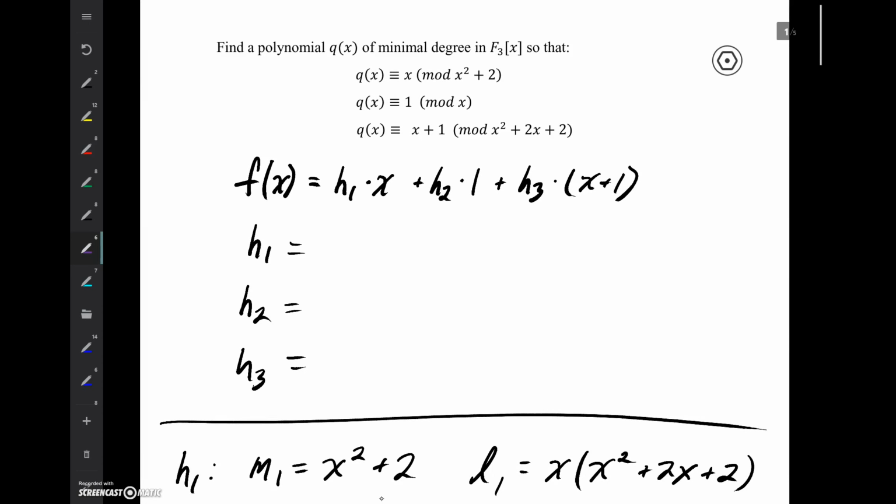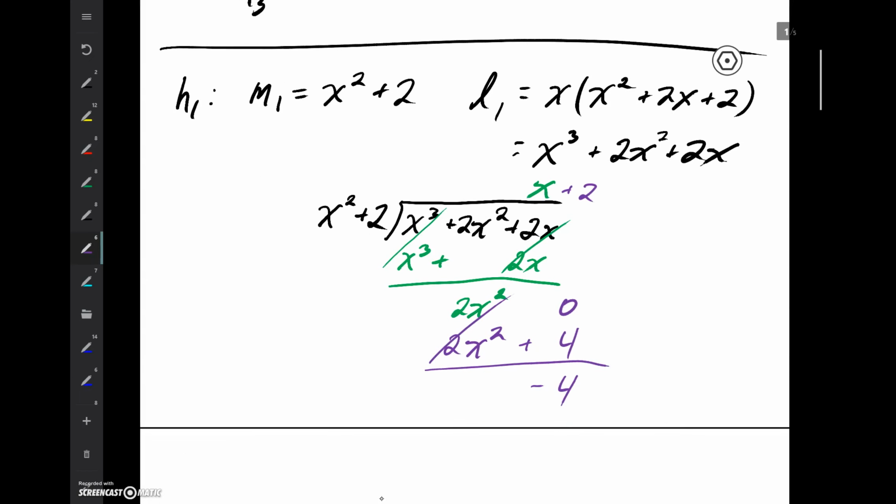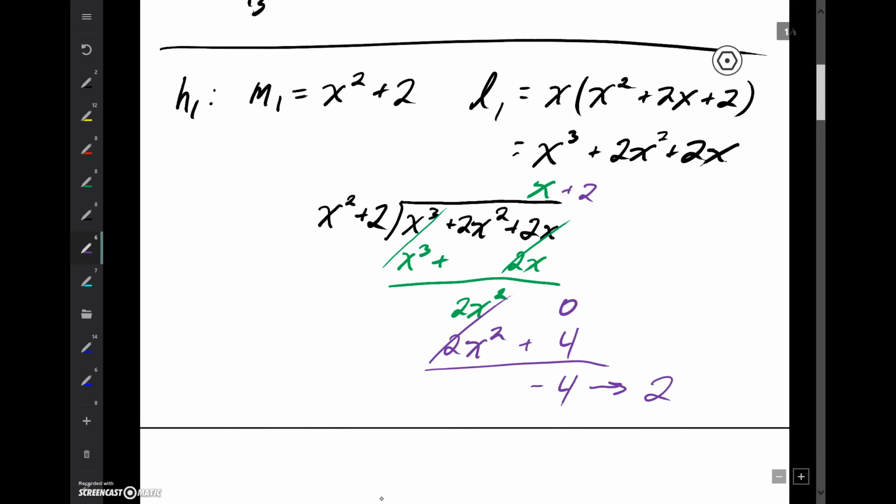So this means we can only have integers 0, 1, and 2. All we have to do to change -4 to its number mod 3 is add 3 and you get -1, add 3 again and you get +2. So -4 in f mod 3 is just +2.